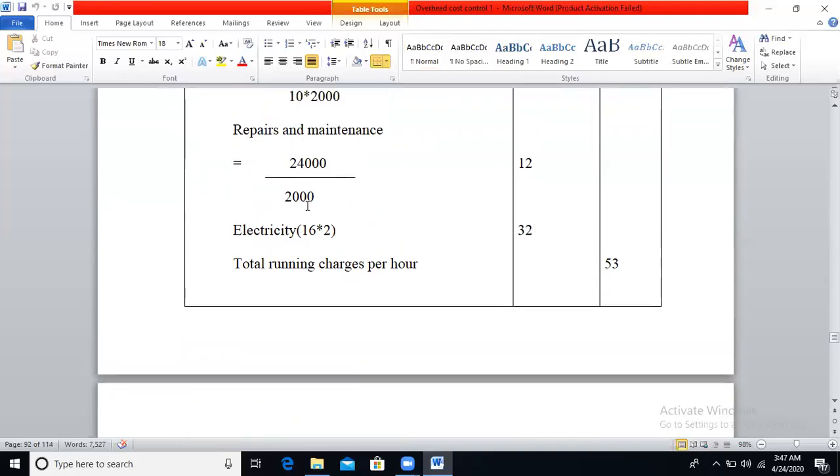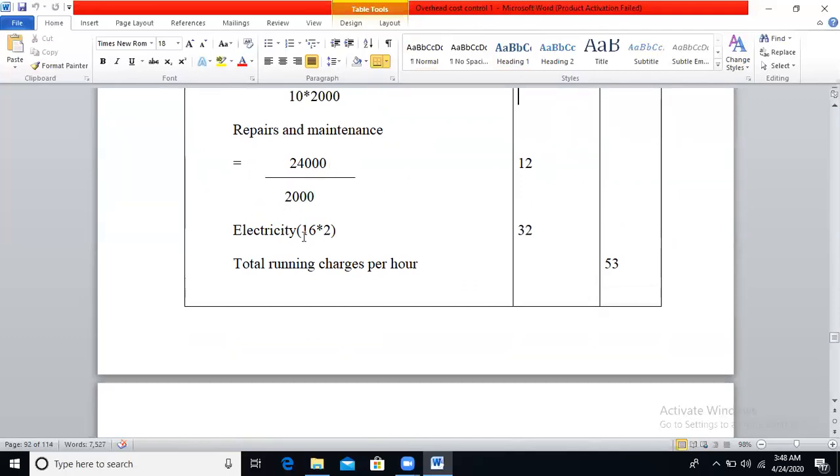If they have given repairs and maintenance for the estimated life, then you have to consider the estimated life of the machine in hours. If they have not mentioned the estimated life, then you have to consider only the yearly working hours, or the monthly working hours, or the weekly working hours they have mentioned in the problem. So 24,000 divided by 2,000, you will get 12.